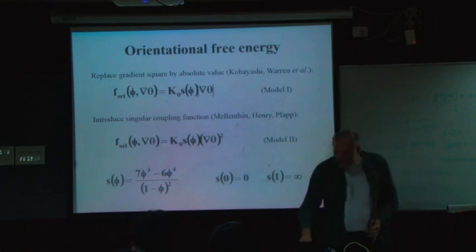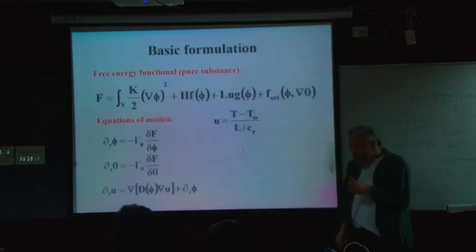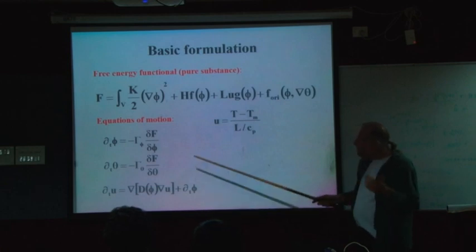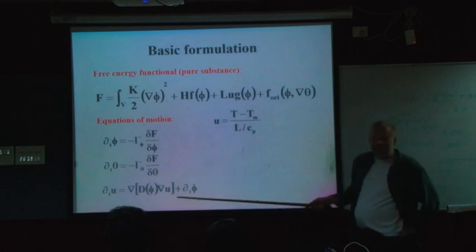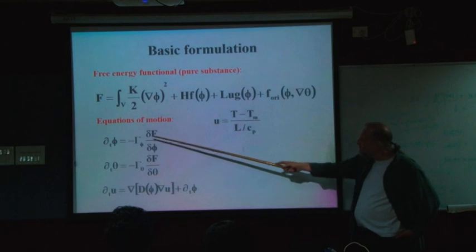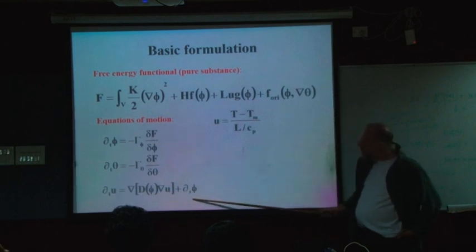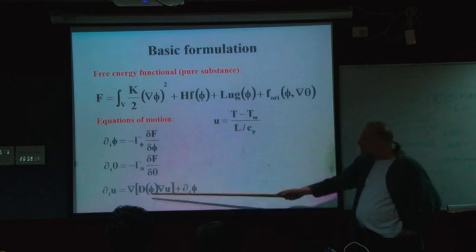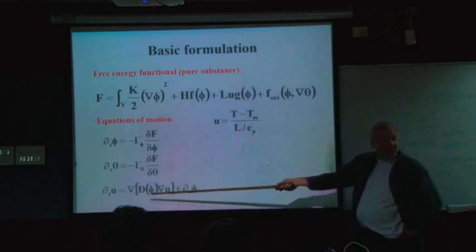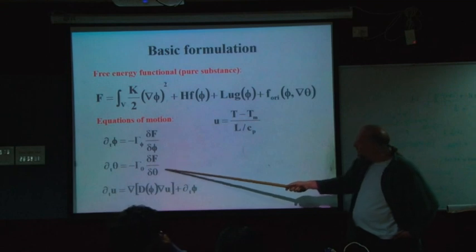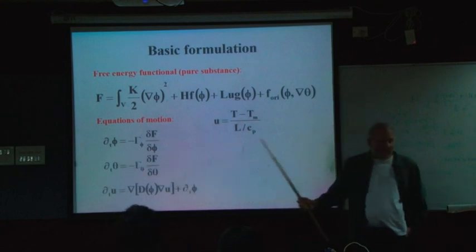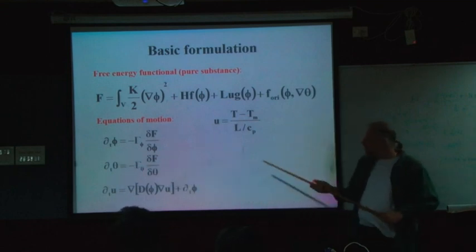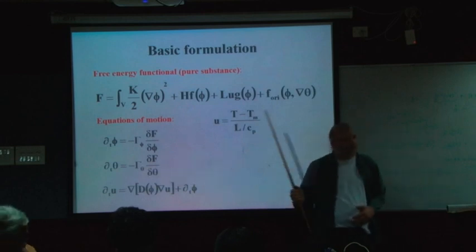So the last point is, what are the equations of motion? Well, they are also a straightforward extension of this standard model. You have the Allen-Cahn equation for the phase field. You have the diffusion equation with source term for the temperature or the chemical potential, whatever you like. And for the orientation, we write this simple relaxation equation, so it's another Allen-Cahn equation.